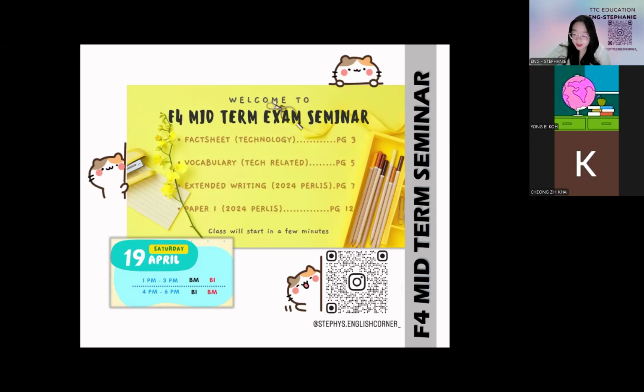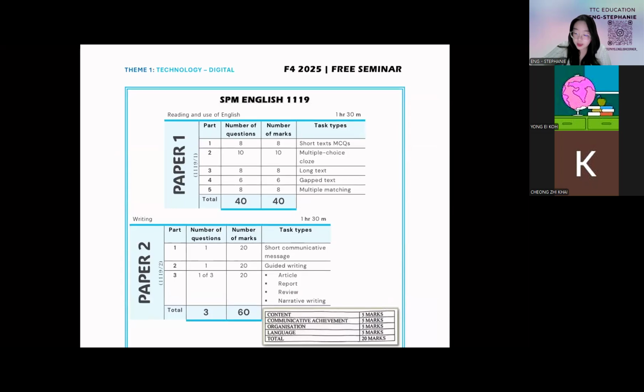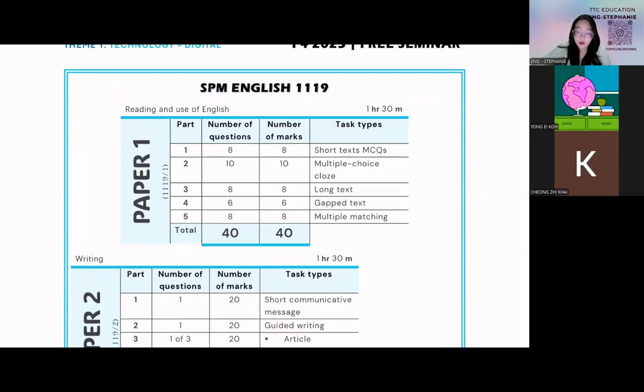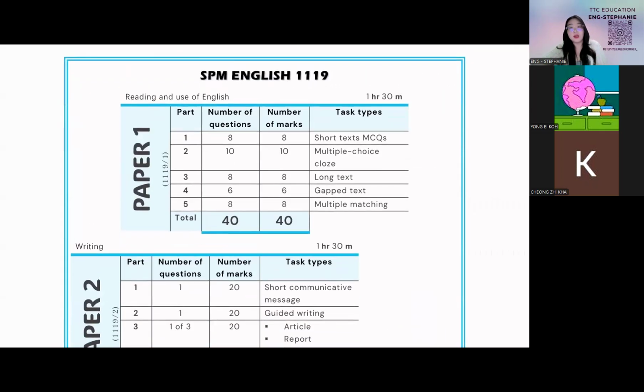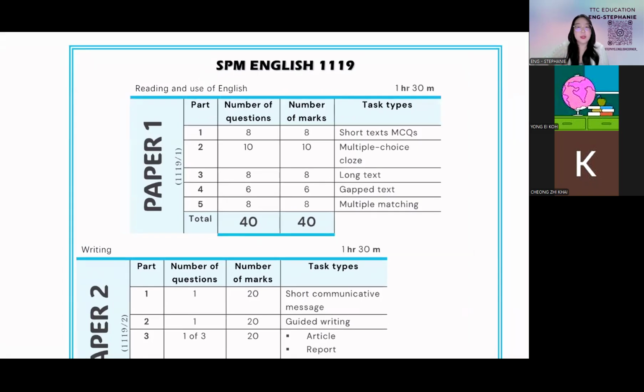Please look into your page two, just a very quick mention of the format of our SPM English. From Form 3 to Form 4, I'm not sure if your school teacher has already mentioned this, but there will be slight changes in the papers. In paper one, we will still have five parts.